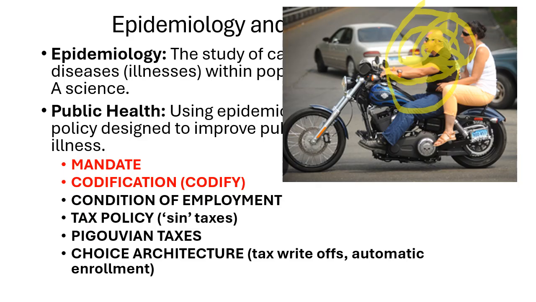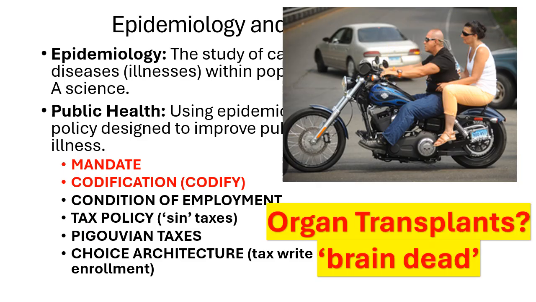And in the old days, this is kind of a macabre thing to talk about, but when people needed organ transplants, a heart transplant, a liver transplant, something like that, you ask the question, where do you get the hearts and the livers and the lungs to transplant into people? And the answer is they used to get the vast majority of them from people who sustained head injuries in motorcycle accidents because they were riding a motorcycle without a helmet.